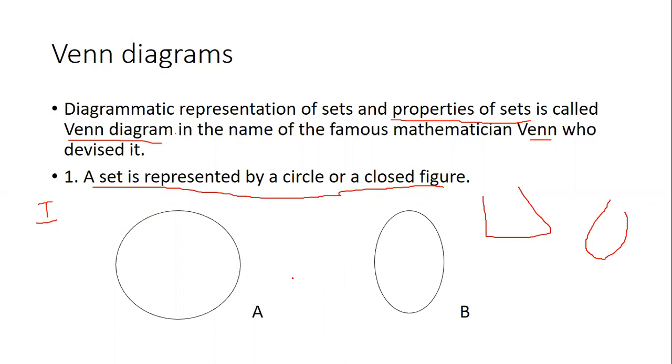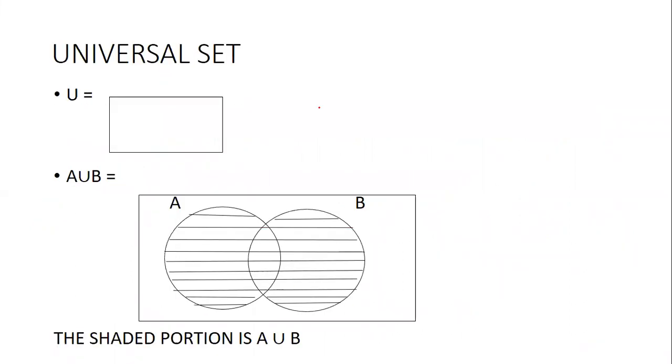Now, moving on further, we will understand each of these. How do we represent them in a Venn diagram? Before we get into problems, we will understand how it is to be done. Before I start with the universal set, did you all understand how we are supposed to use these Venn diagrams? Did you understand the concept of Venn diagram first?